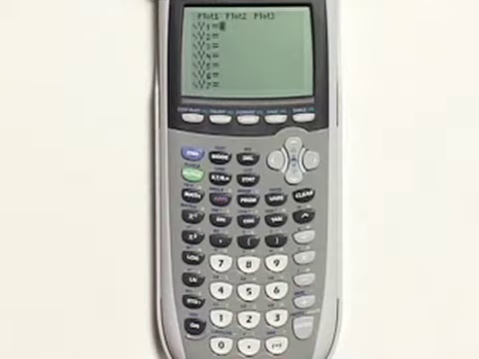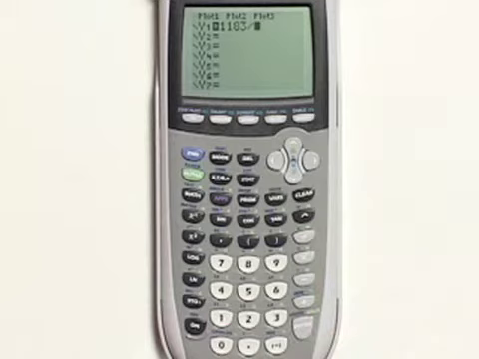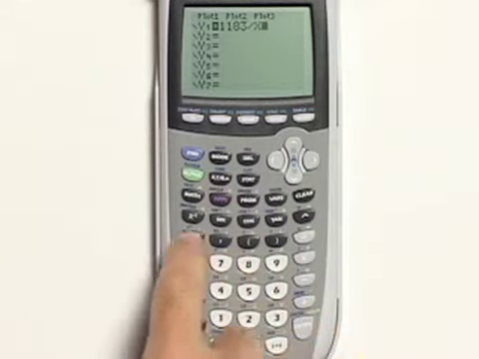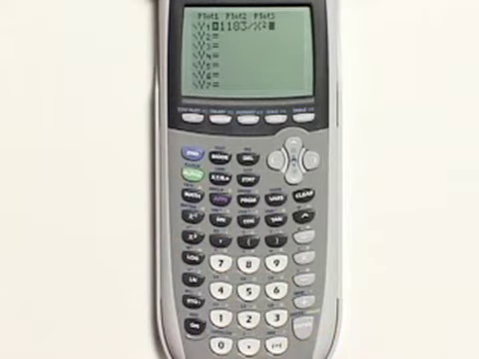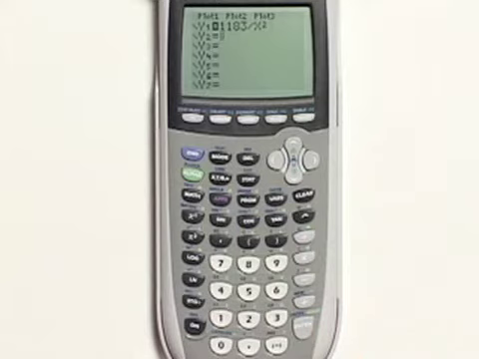So y sub 1 is 1,183 divided by x squared. So we press the x variable key followed by the x squared key. Use the down arrow key to move to y sub 2.